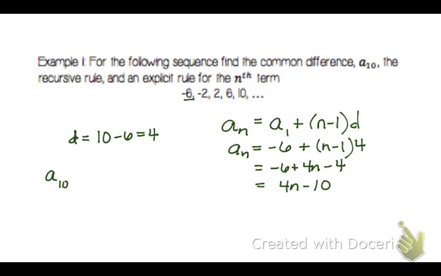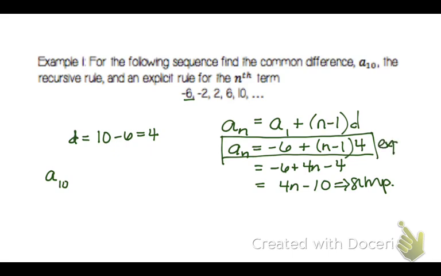The difference is that the 10 is not my first term, so you do want to be a little careful with that notation. Typically I would leave it in the first form, but just know that we could also write it in this simplified form. So there's my explicit rule, because that means that if I wanted to know the 100th term, I would just plug in 100 for n and simplify, and that would give me the 100th term.